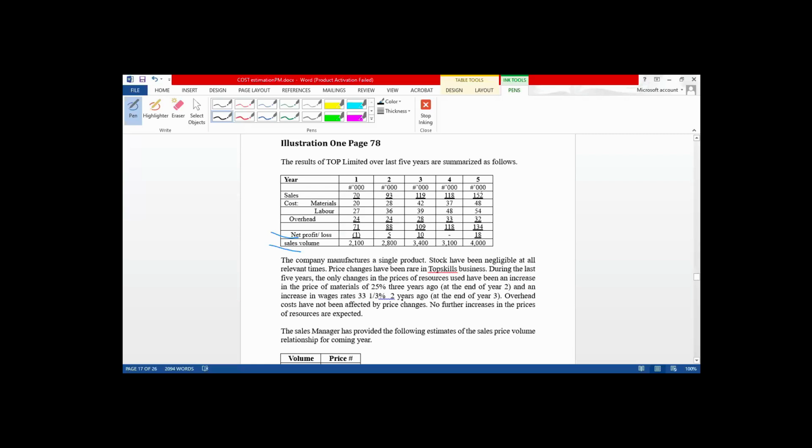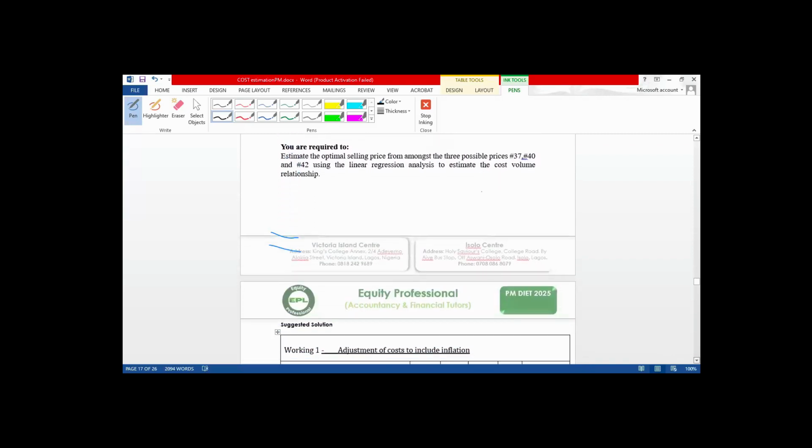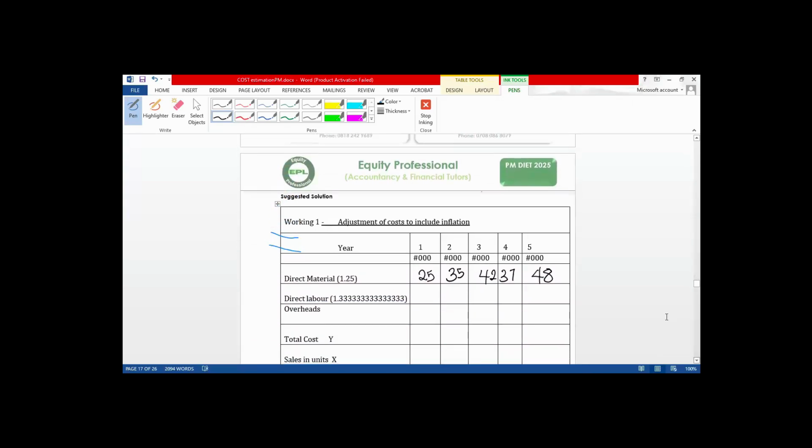So let's pick labor cost. Year 1 is 27. Please increase this by 33.13%. What will be your answer? Okay, how do we convert 33.13% to ratio?